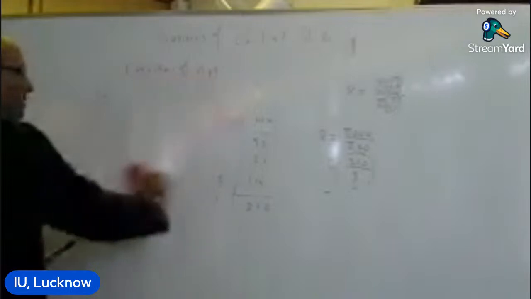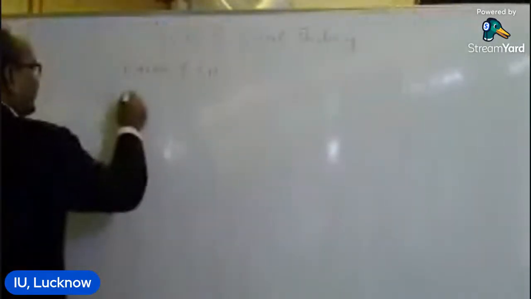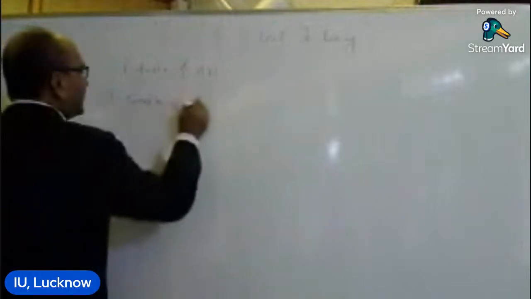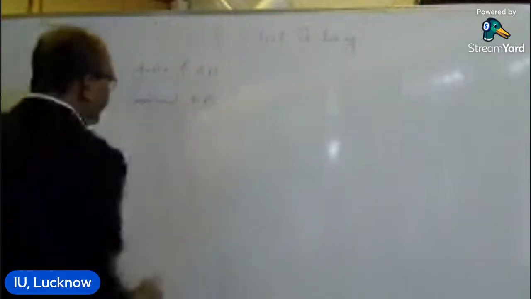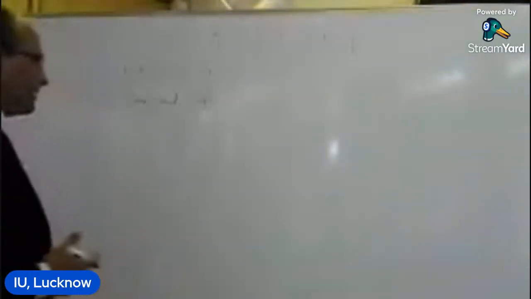Now the next and the last property of arithmetic mean is the combined arithmetic mean. Combined arithmetic mean is when you are given more than one set of observations and the parameters, meaning the mean and number of observations, are given to you.